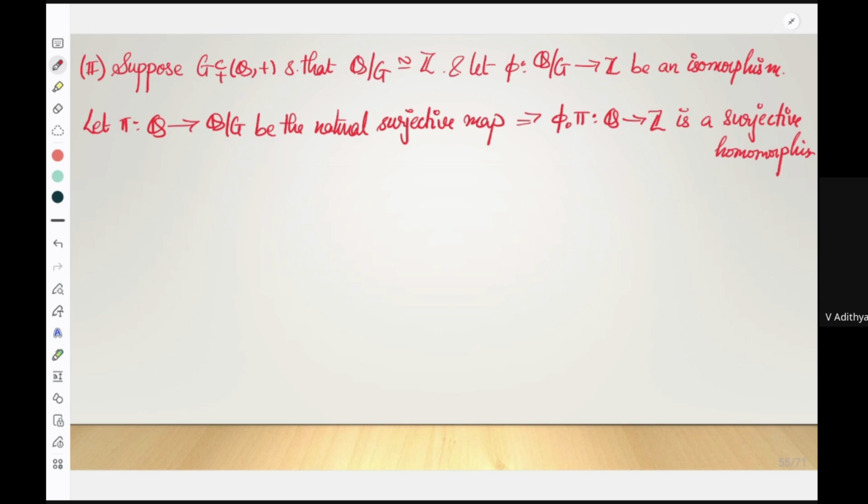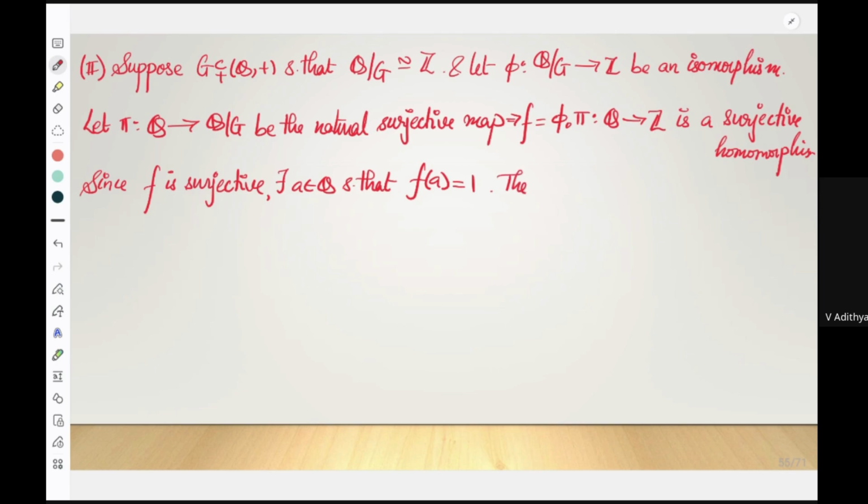So now let me call this map some other f. Since f is surjective, always play with the generator. There exists a in Q such that f of a is 1.